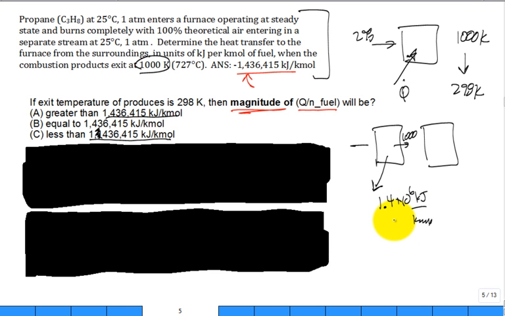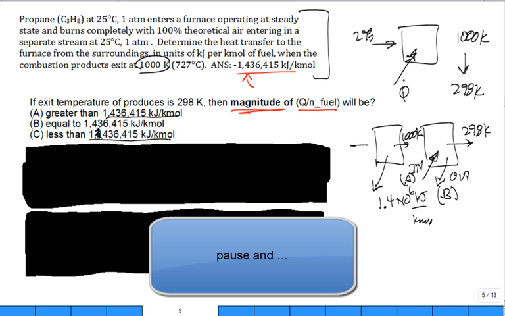True? But it's 1,000 Kelvin. Now it's going to come out at 298 Kelvin. All right. In order for that to happen, am I going to have to put heat in? Answer A. A says I have to put heat in. Or take heat out of this second part. Answer B. Not that hard of a question.